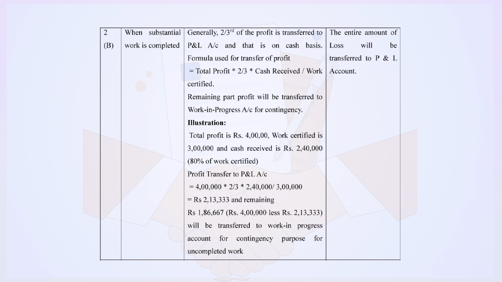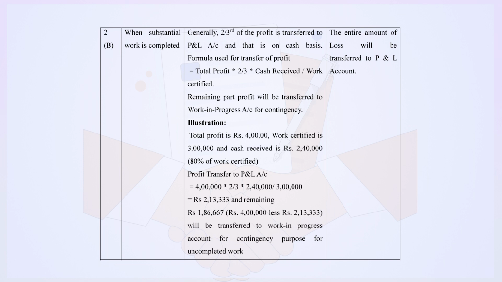Profit to be transferred to profit and loss account will be rupees 4 lakh into 2 divided by 3, multiplied with 2 lakh 40,000, which is cash received, divided by 3 lakh, which is work certified, and the amount comes to rupees 2 lakh 13,333.